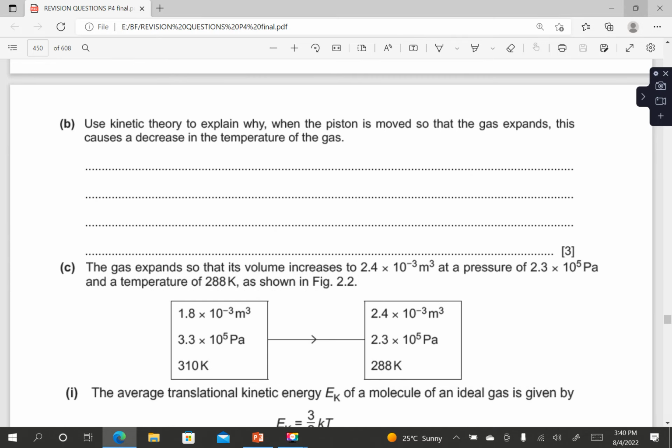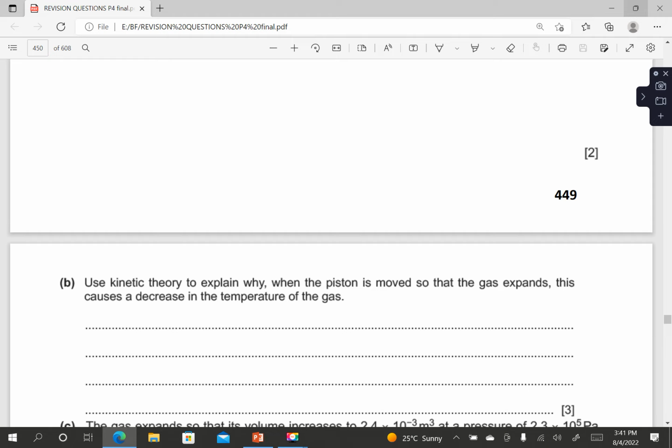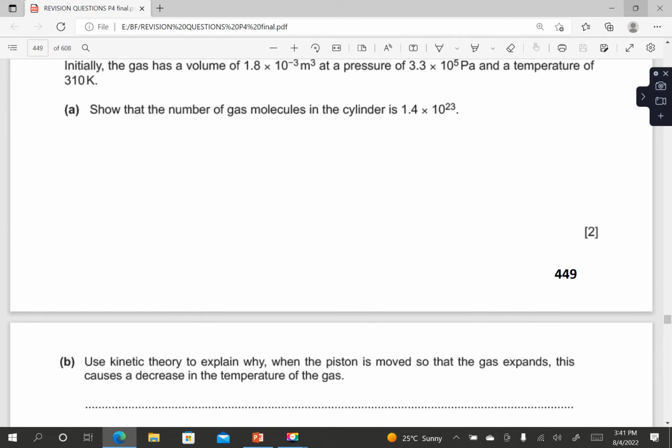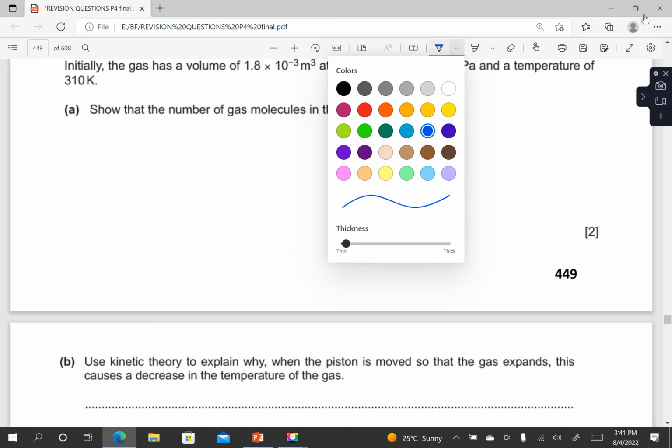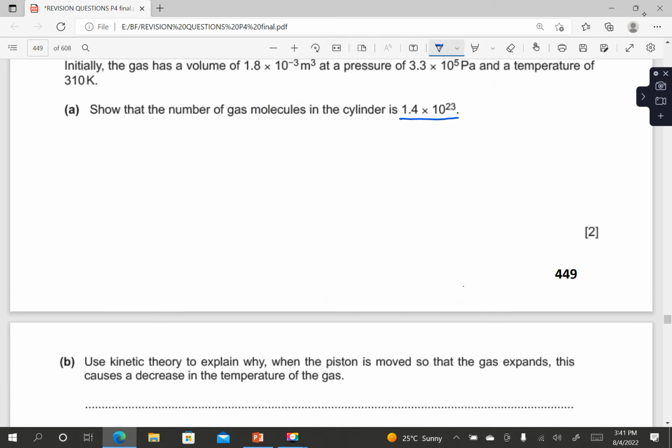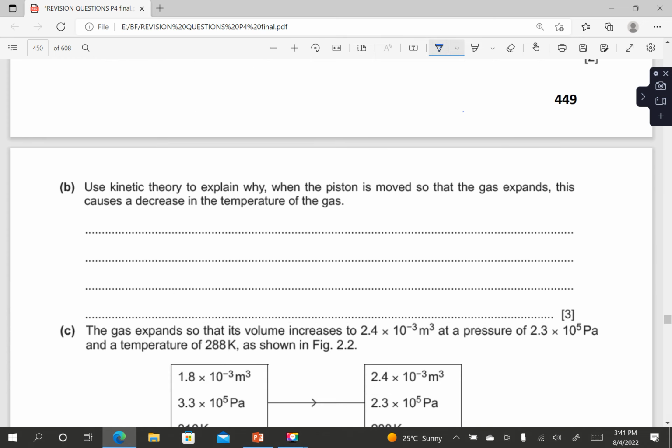On page 49, we had already shown that the number of molecules is this, so we don't need to go back to that. Let me try to reduce the size of the pen. So let's move to page 50.